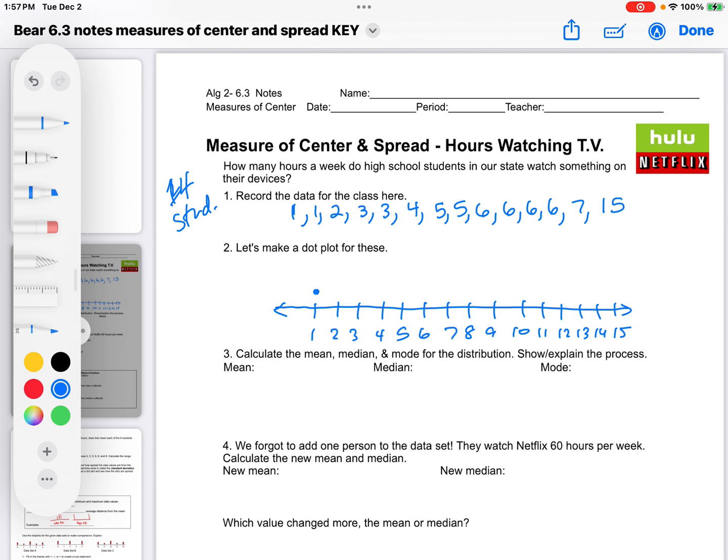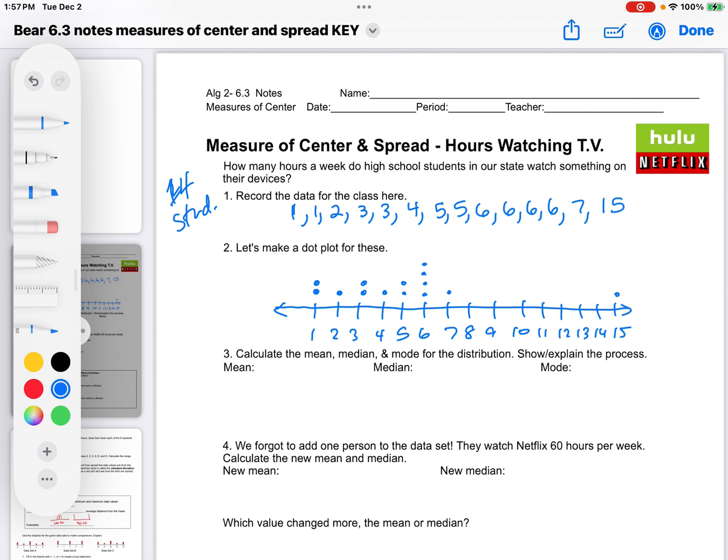So I had a 1 and a 1 and a 2 and a couple of 3s and a 4 and a couple of 5s. And we had 4 6s. We had a 7 and we had a 15. Okay, so that is our dot plot.